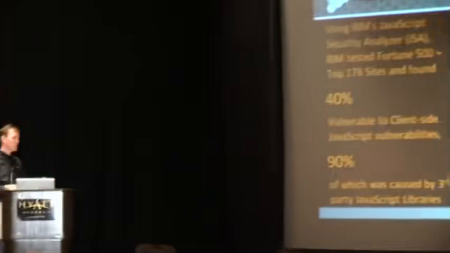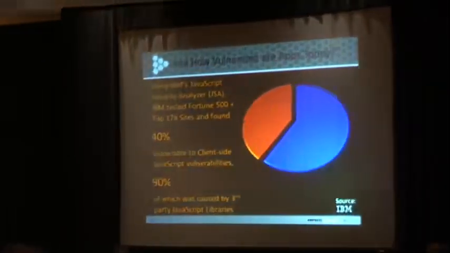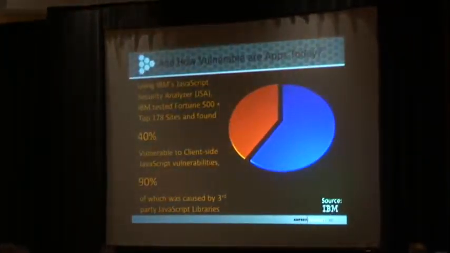So because of this massive amount of client-side code that we have now, obviously the likelihood of having DOM-based XSS has grown by several orders of magnitude because of the volume, right? So this data comes from IBM, by the way. IBM has also been doing some analysis on this, where they've actually been studying large public websites. They looked at the Fortune 500 plus some other websites that they decided to test.